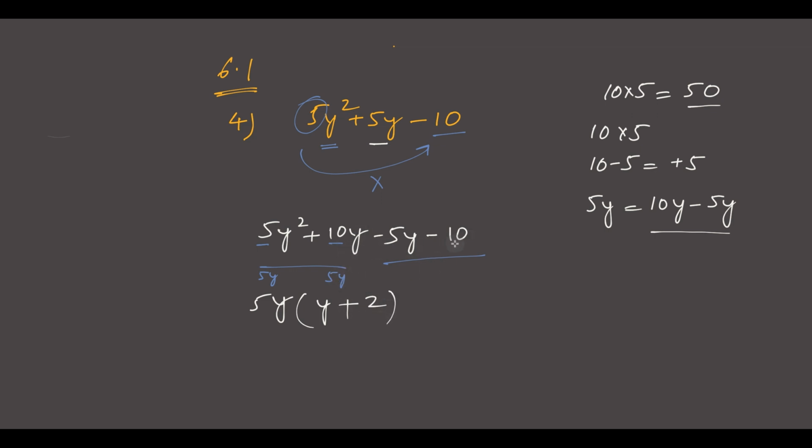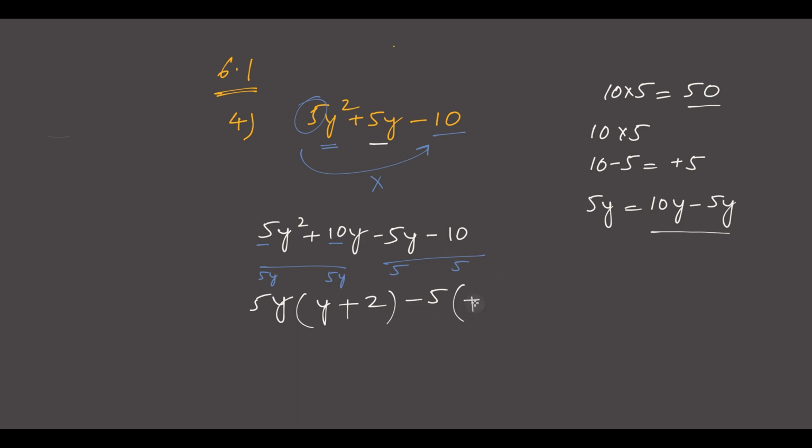Now what is remaining in this one? Can you see? Just the numbers 5 and 10. Its common factor is 5, so we have to divide by 5. But we have to take a minus sign, minus 5, because we have to get the result as y plus 2. If we multiply minus with plus here, it is going to be minus 5y.